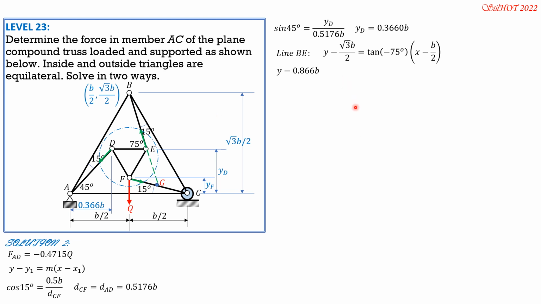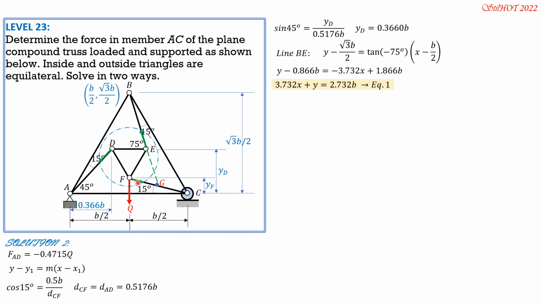So simplifying, Y minus 0.866B equals negative 3.732X then plus 1.866. Tangent of negative 75 times negative B over 2 is 1.866B. Simplifying, 3.732x plus y equals 2.732b. Call that equation 1.